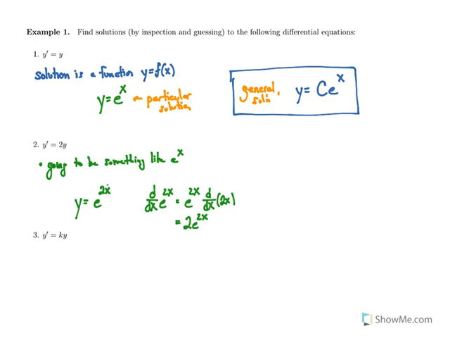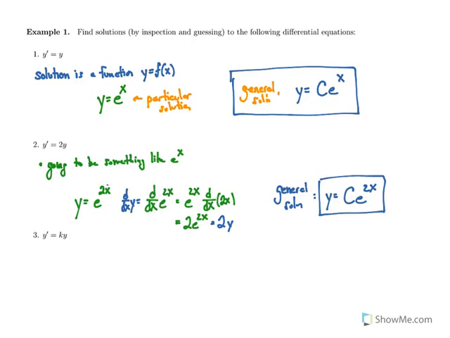Again, note that this is the derivative of y, and this is 2 times the function y. So the derivative of y is 2 times y. The general solution that we are looking for here is y equal to any constant times e to the 2x, and that is a general solution to the differential equation.